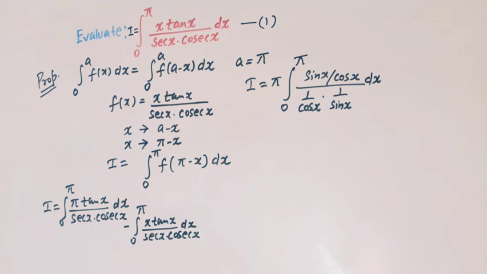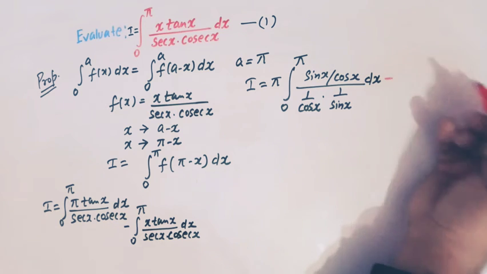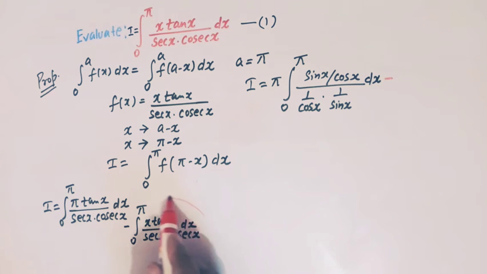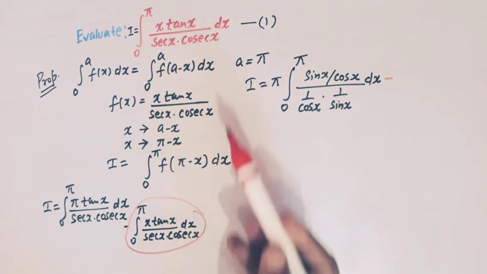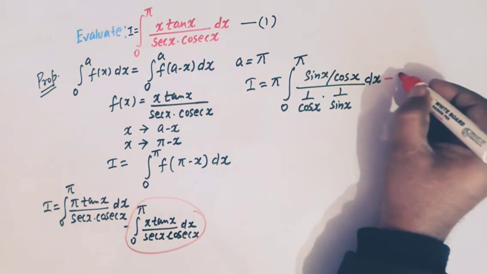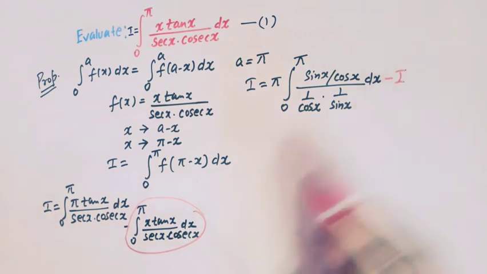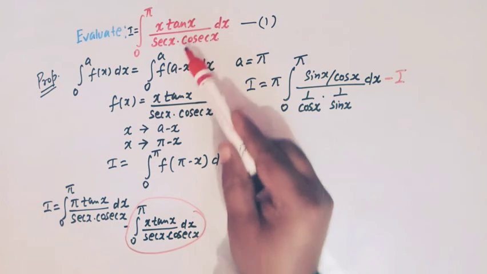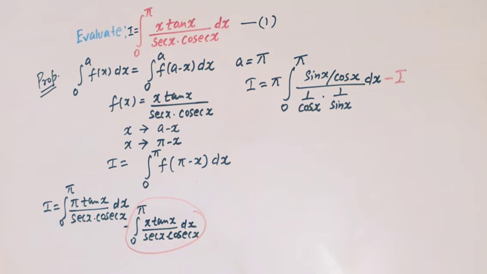And here we have minus, and see, this is our original integral, so here we can write I, because I is the given integral, right?